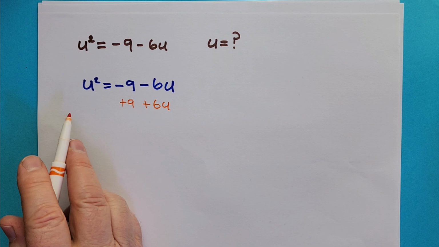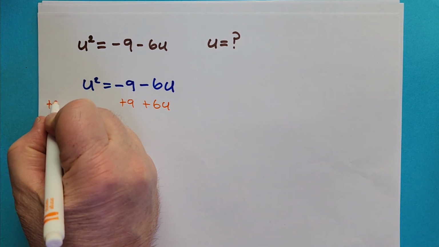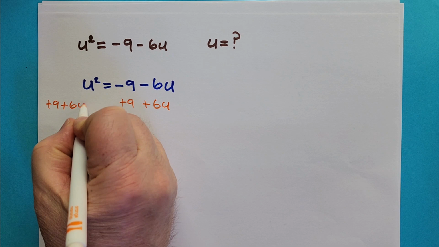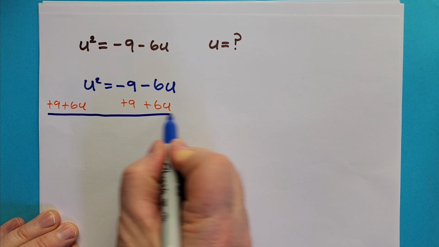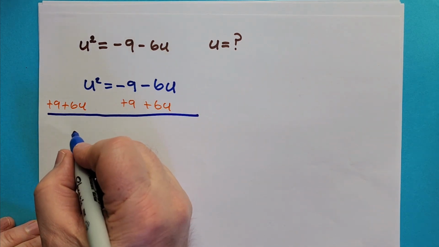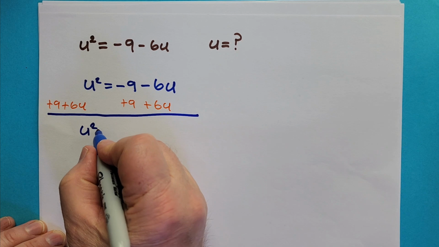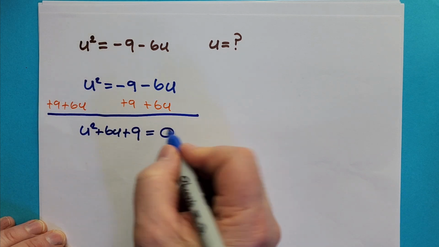We need to get those to the other side of the equation. So we're going to have a plus 9 and a plus 6u on the other side. And I'm going to use the sum line since I'm using the additive inverse. So here we go. I need to shift things over a little bit, but we're going to get u squared plus 6u plus 9 equals 0.